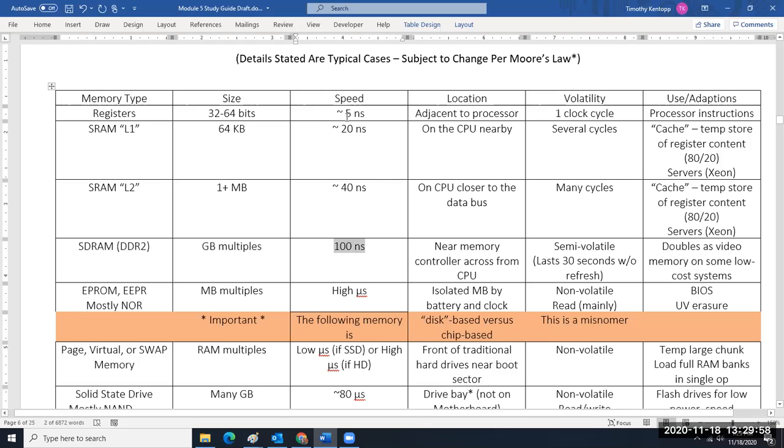So what am I saying? 5 nanoseconds is extremely fast. The actual registers on the CPU themselves are very, very tiny. So you have memory registers built into the CPU, and they operate on a 5 nanosecond level. And then you have this SRAM, static RAM cache that's on the die, right?